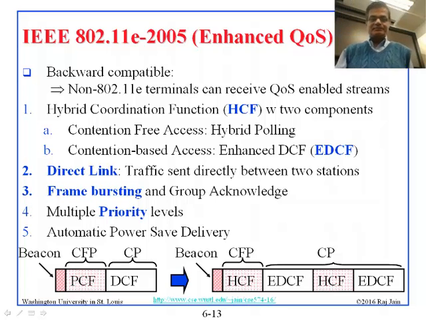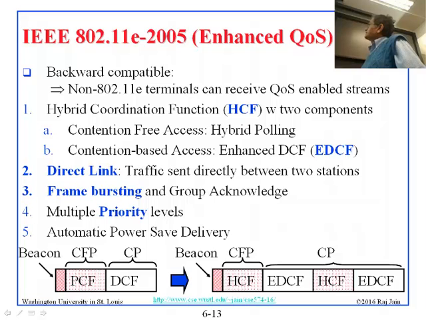All right. So previously, there was a beacon. After the beacon, there is a contention-free period, which is called point coordination function. Then there was a contention period, which we call DCF, distribution coordination function. If you remember from the previous module, right? Now it is much more complicated. After beacon, there is HCF, hybrid coordination function, which is contention free.